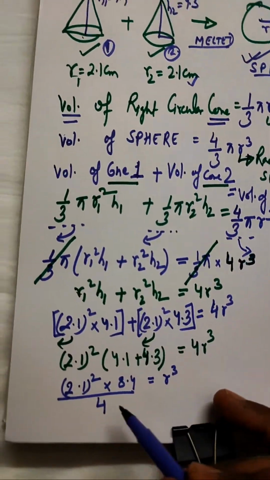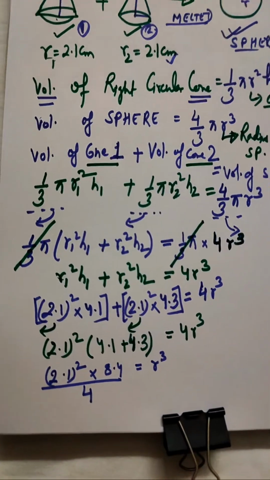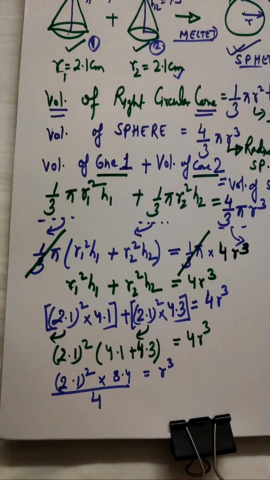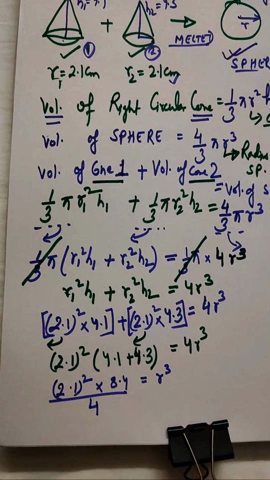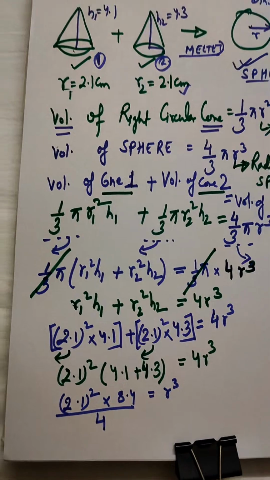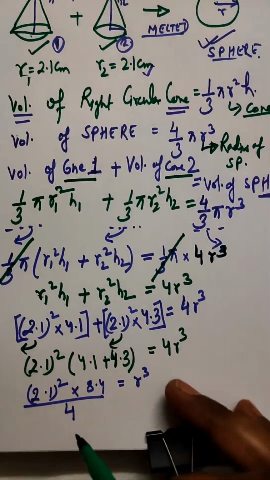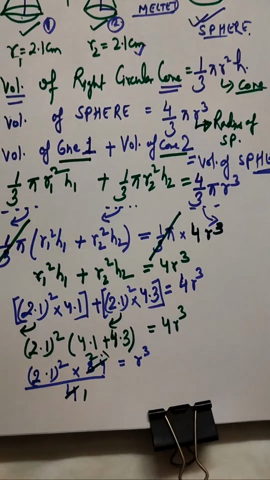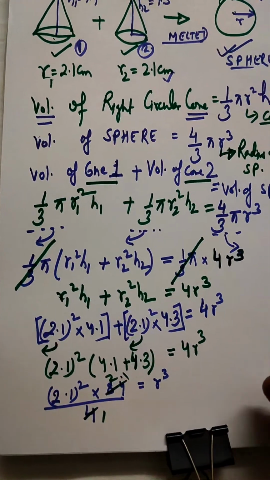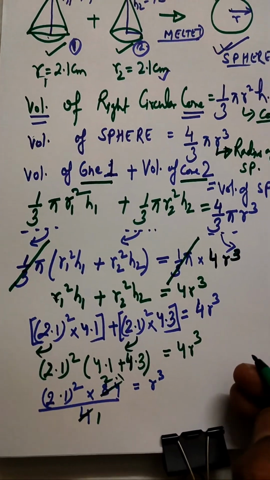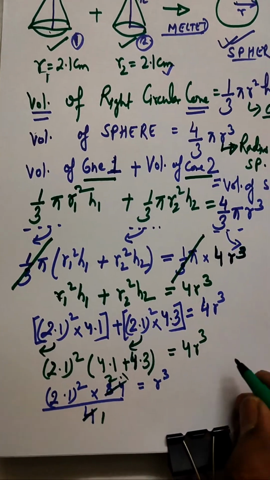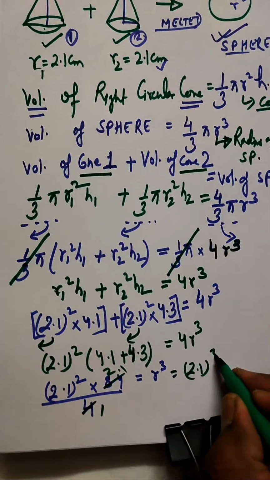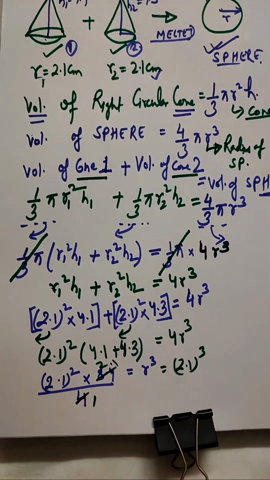So just think in that direction, it will make our calculation very easy, right? So why don't you cut 8.4 by 4? After just dividing 8.4 by 4, we are left with 2.1, isn't it? Just see, 4 into 2.1 is 8.4. So in the LHS we have 2.1 square into 2.1. So this will be equal to 2.1 whole cube, right?